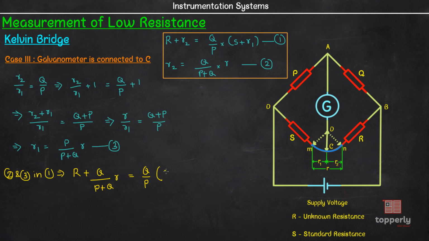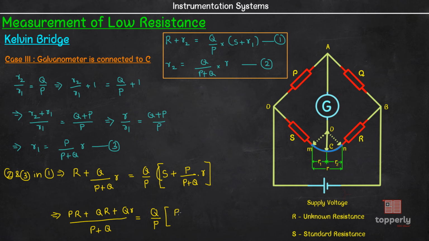Therefore, S plus P by P plus Q into r. Solving this, we have PR plus QR plus Q into small r by P plus Q equal to Q by P into PS plus QS plus P into small r by P plus Q.